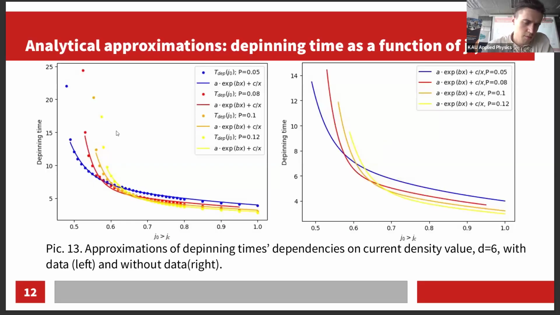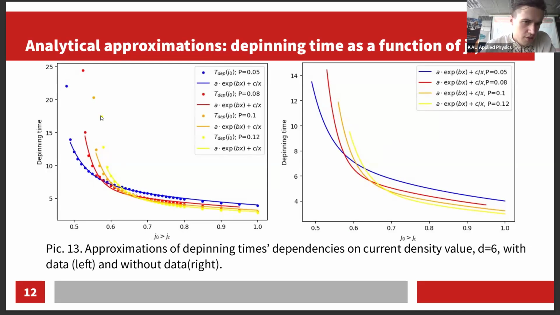When it comes to the pinning time, however, they are not approximated as easily, because when we take these points, which are, as you can see here, very high, it's a value which is very close to the critical current density value, and even an exponential dependence is not enough to, for example, here pinning time changes from something like 22 to 14.